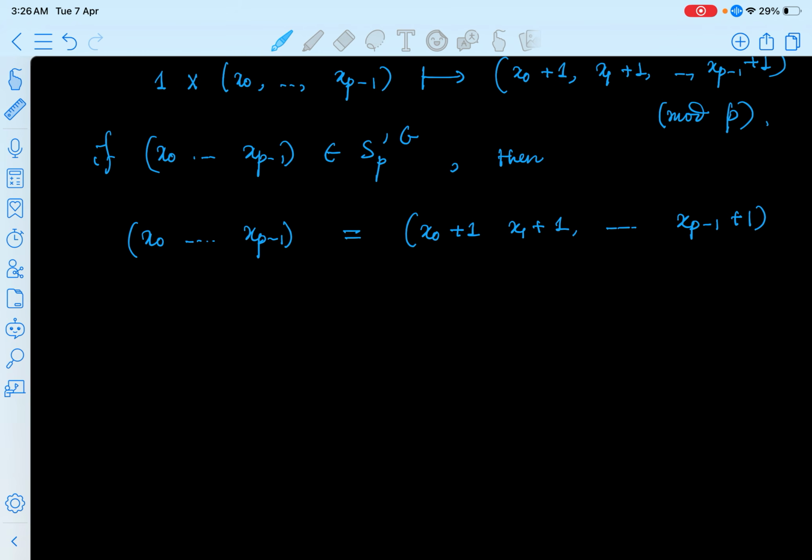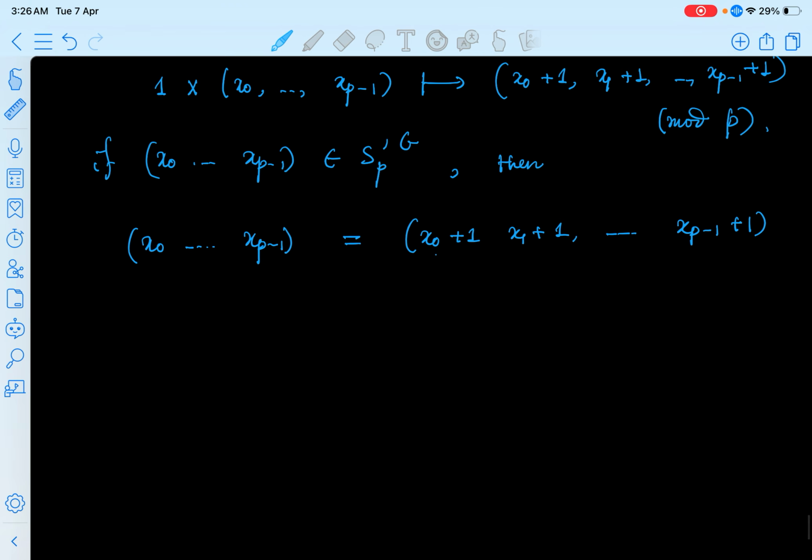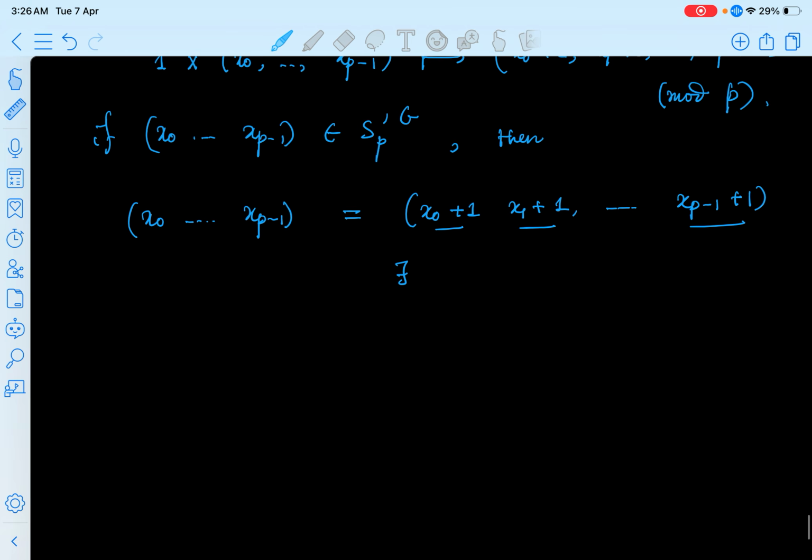The numbers x0 up to xp minus 1 are distinct modulo p, so among x0 plus 1, x1 plus 1, up to xp minus 1 plus 1, there exists one i between 0 and p minus 1 such that xi plus 1 is x0.